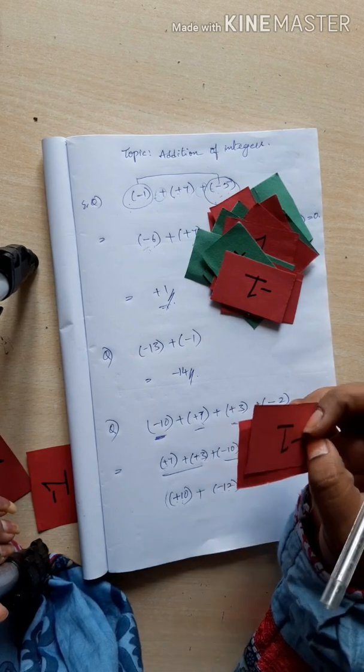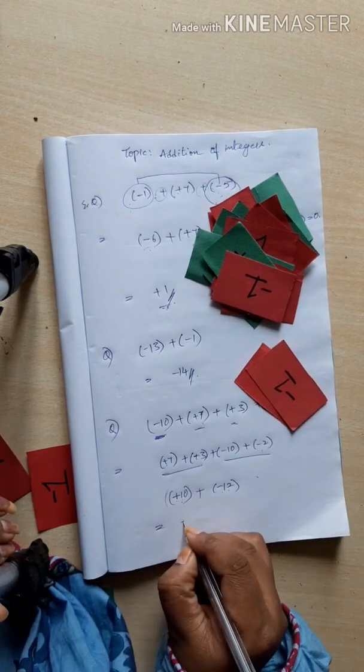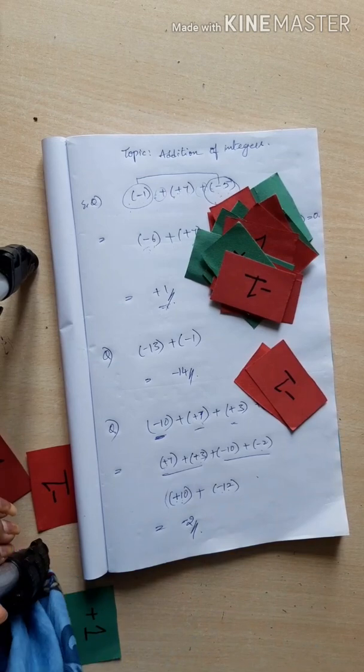Red color. Red indicates minus. So what is the answer? Minus 2. Clear?